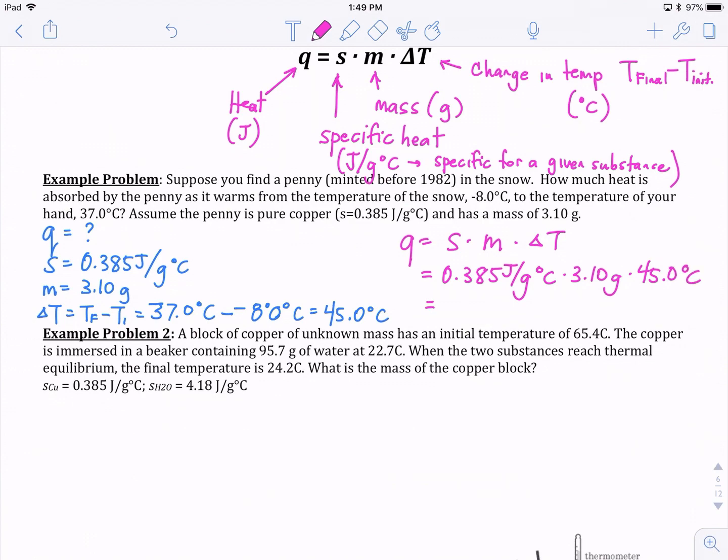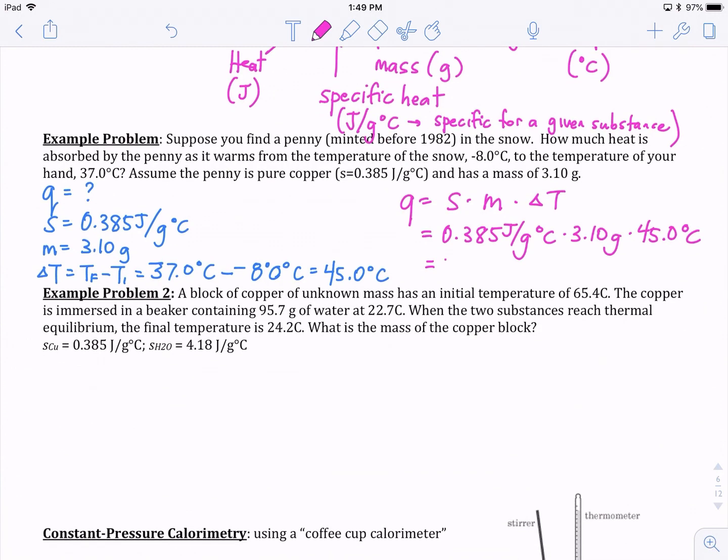We get a value of 53.7075 on our calculator. Round that to significant digits, 53.7 joules. Let's make sure we understand where our units come from.